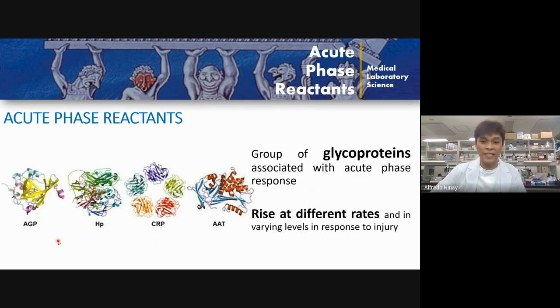They rise at different rates and in varying levels in response to injury. I like the presentation of Stevens, class, with a table, and you can also refer to Turgeon, which also has a table of acute phase reactants with the time of how fast they respond, and also the concentration.